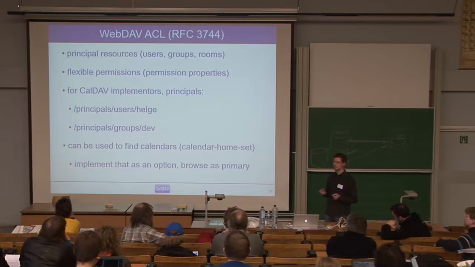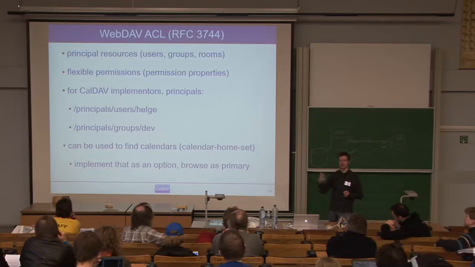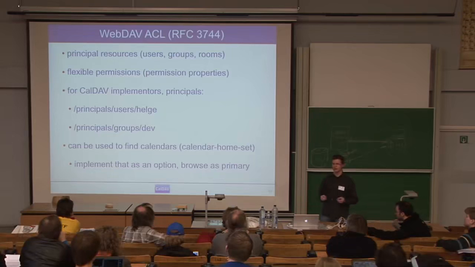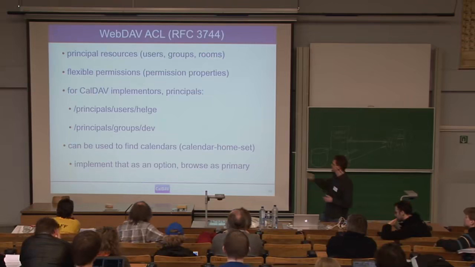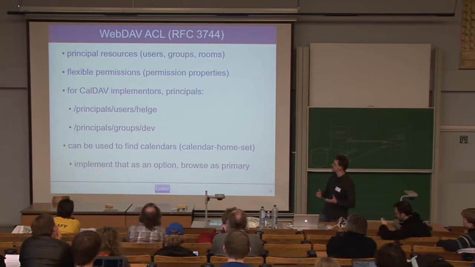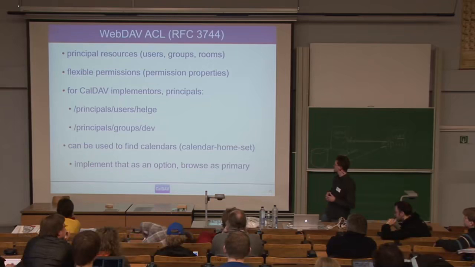And this URL can be used to retrieve some information about that user. Usually those principal resources are not stored in some file, but they are backed by some directory service, for example, LDAP. For example, the Apple implementation uses Open Directory to store the actual principal information. But it's not just individual users, it's also groups and resources like rooms, which can be represented by principal resources.